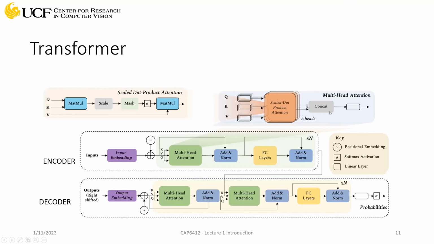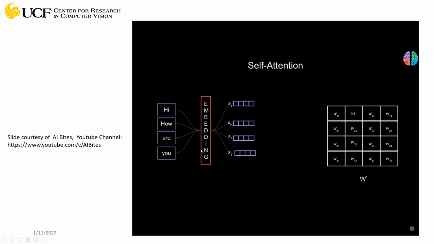So this is the self-attention block, query, key, value, and we will multiply, scale, and so on. We'll talk about that. And we'll have multiple copies of this, that's why it's multi-head attention.